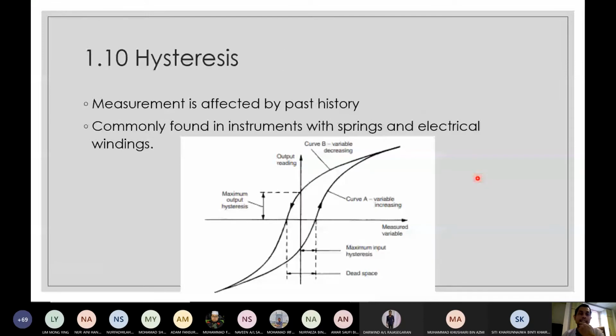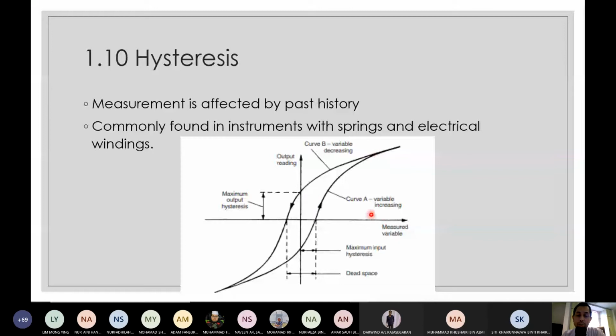Okay, the 10th point of static condition is hysteresis. Now, hysteresis is a bit complicated. If you are taking electrical subjects or mechanical subjects related to springs, dynamic motion, you will see this kind of pattern. What this basically means is that in ideal condition, when you increase a certain amount of value, it's going to increase the output reading.